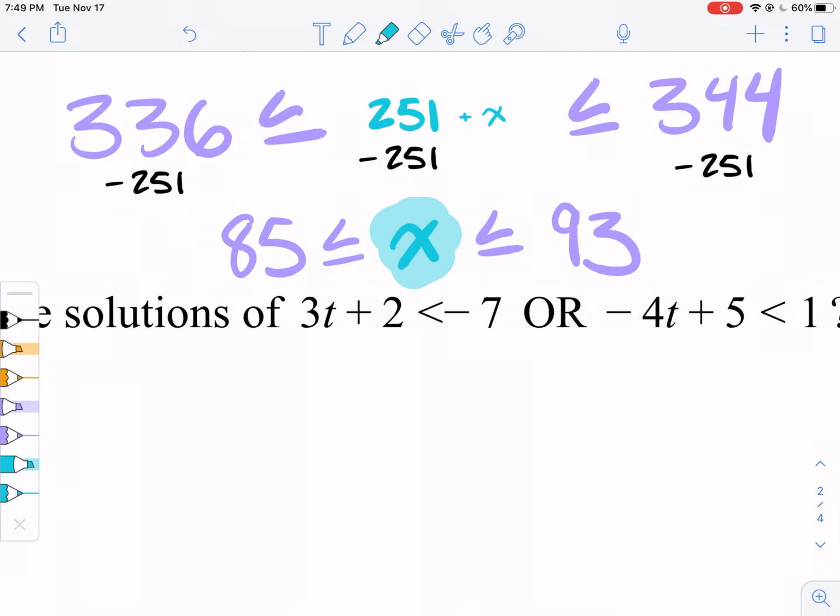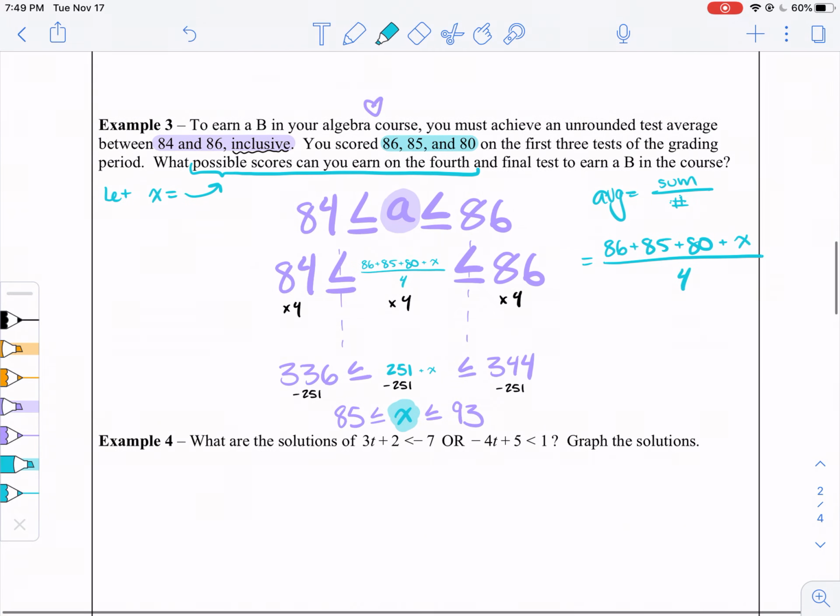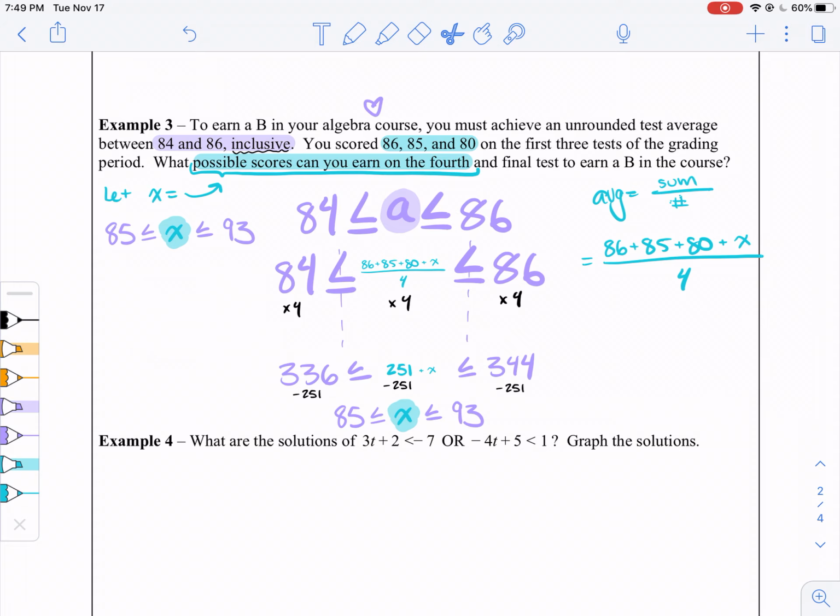So anywhere between 85 and 93 is the possible scores you can earn on the 4th and final test. There you go. Isn't that great? Ta-da! So a high B, or a B to an A minus is what you'll need.